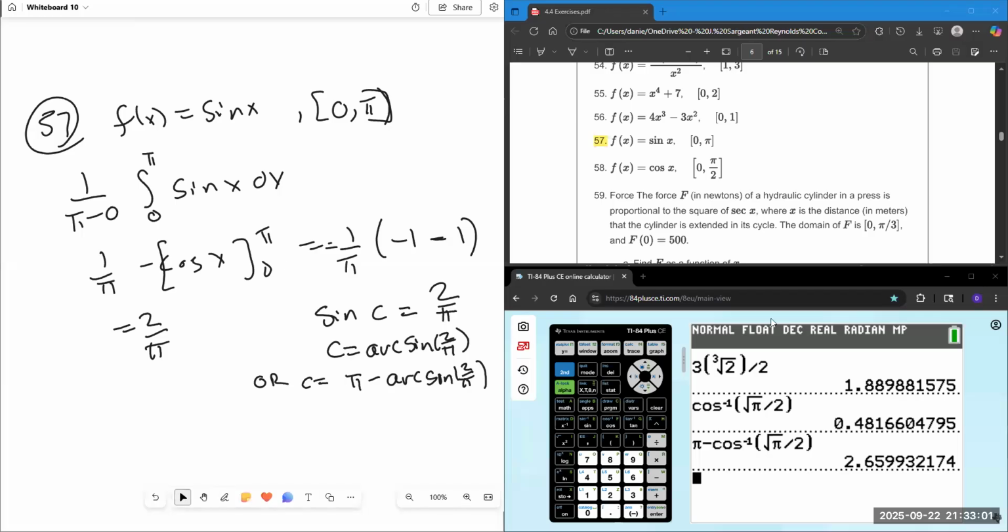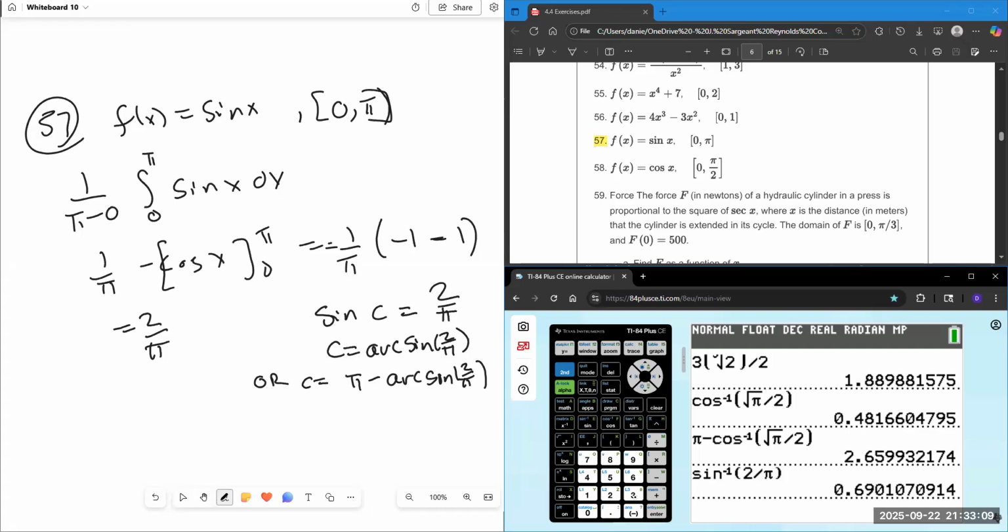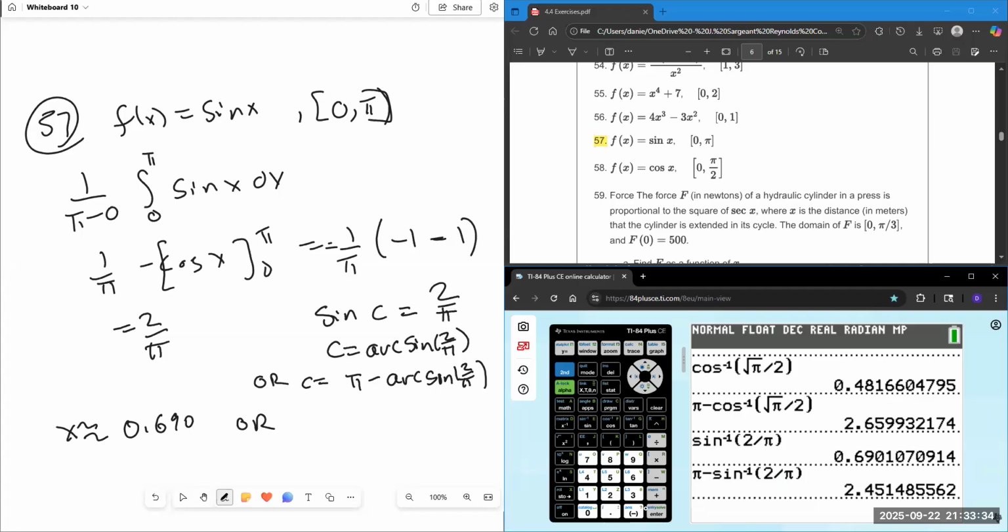So arc sine of 2 over pi, x is approximately 0.690, or pi minus arc sine of 2 over pi, x is approximately 2.451.